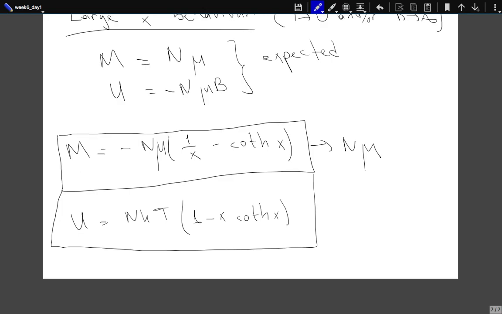Again, at large x, cotangent hyperbolic goes to 1. x is infinitely large, so we can just ignore the 1. So this just becomes minus n k t times x, which is minus n k t times mu b over k t. So this is minus n times mu times b. So what we expected actually turns out to be correct.